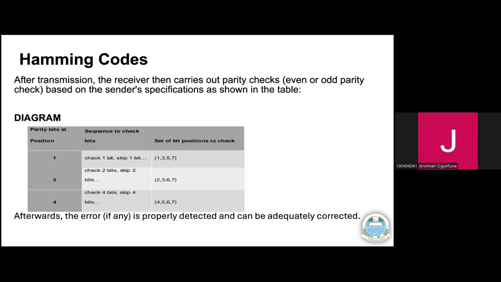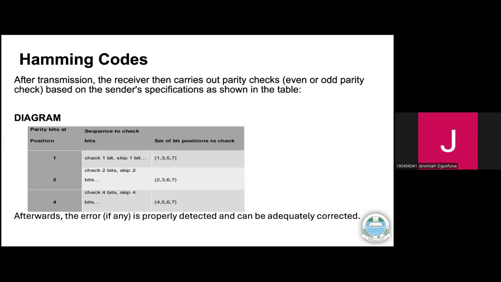Ideally, it's usually even parity that is used. Even parity is used to show that the number of ones in a set of data is even.